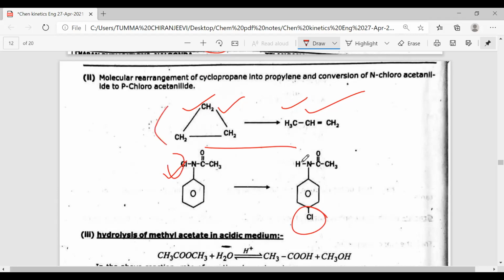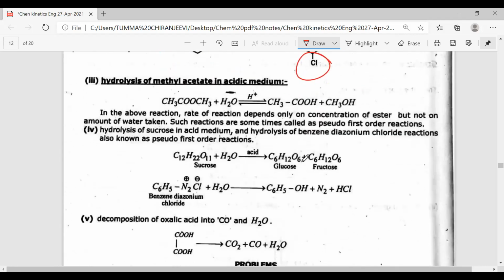So these reactions are the best examples for the first order reactions. Here also the rate of the reaction depends on the reactants, that is cyclopropane and N-chloroacetanilide.